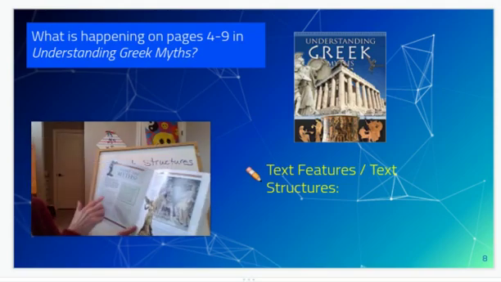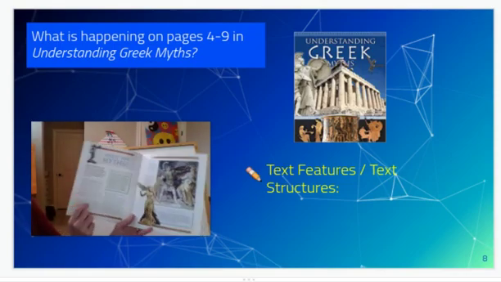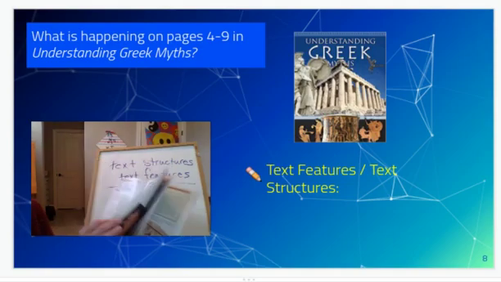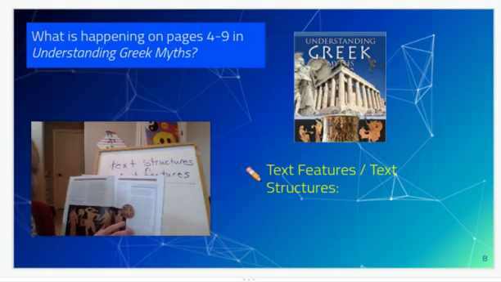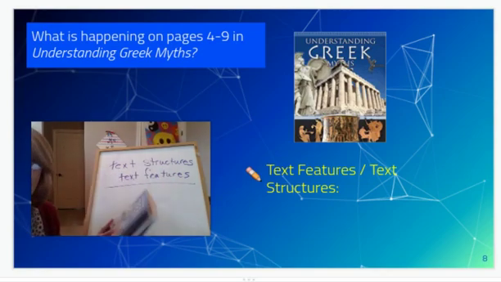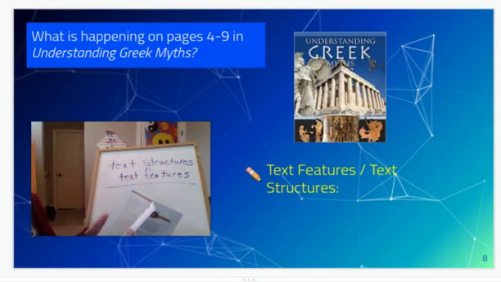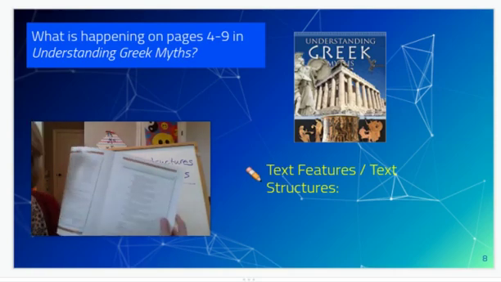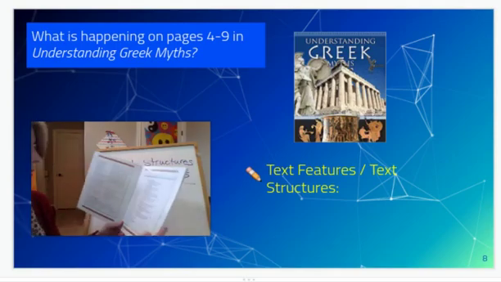You're going to use your headings. If you want to talk about creation and the gods, there's your heading. I'm just going to read there. I don't have to read the whole book. I'm going to use my headings. If I'm going to read about Hercules, well, there's my heading. There's also a table of contents in the front that would help you find it. That's another text feature.